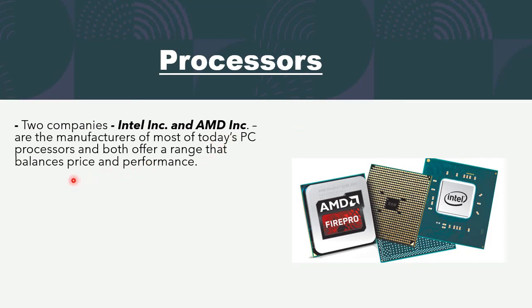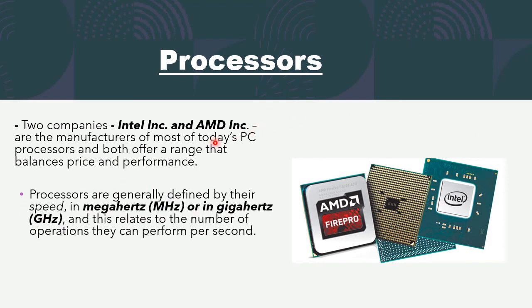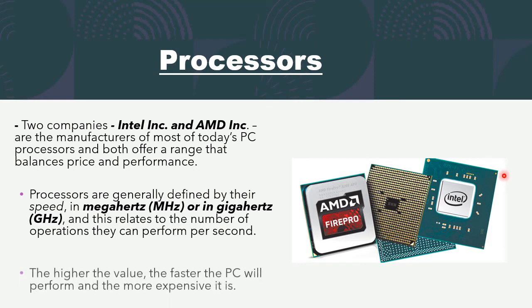They are the manufacturers of most of today's PC processors, and both offer a range that balances prices and performance of the computer. Processors are generally defined by their speed, which is measured in megahertz or gigahertz, and this relates to the number of operations they can perform per second.